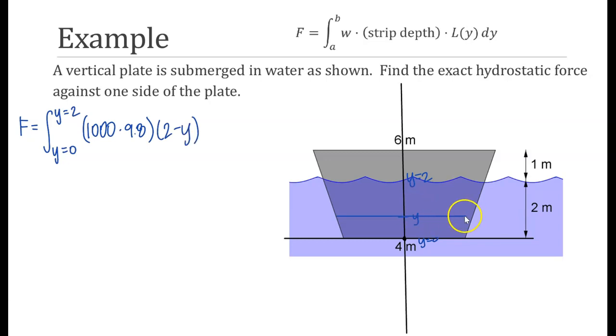And we're going to have to put in a little bit of effort this time, more so than the last linear example we had, to find the length of that strip. So the length of that strip is this distance right here. This is L of y. So I'm going to have to find right minus left. So I need the equation of this right side of the trapezoid, which is a linear function.